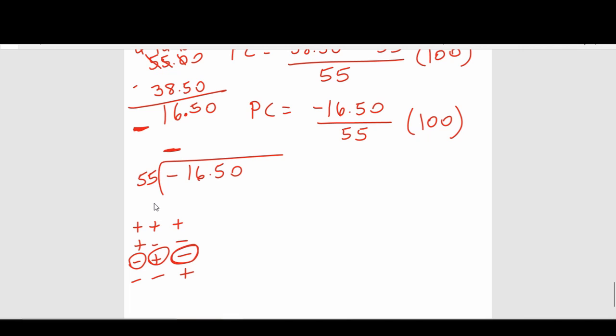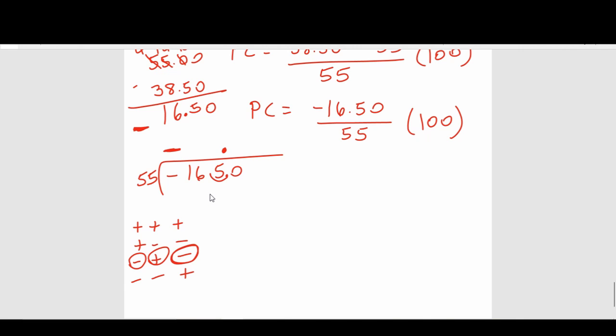Now the question is, how many times does 55 go into 1650? Or 16.5, it doesn't. So I have to shift this decimal place one time to make it 165. In so doing, I have to bring the decimal place up here.